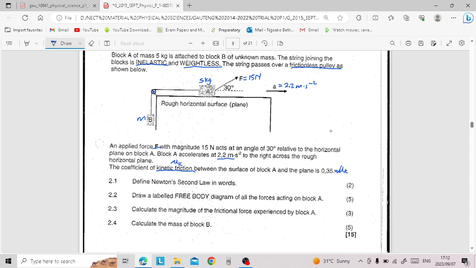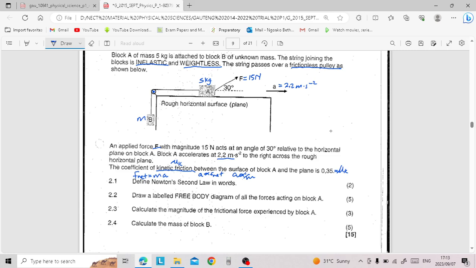Let's define Newton's second law. We know that F net equals m a. Newton's law explains the relationship between these three variables: acceleration is directly proportional to F net, and acceleration is inversely proportional to the mass.